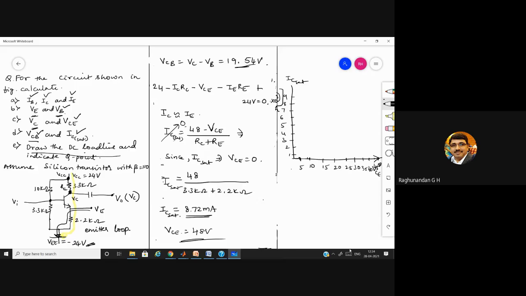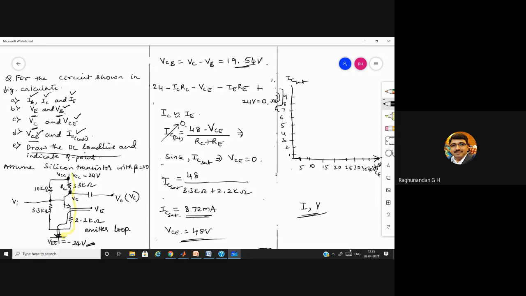Now first plot the Q point. What is the Q point value for this circuit? The Q point value means the current and voltage we obtained by accurate analysis. The collector current we obtained for accurate analysis is 5.03 milliamperes, almost here. The 8.72 milliamperes is saturation, that is for the DC load line.